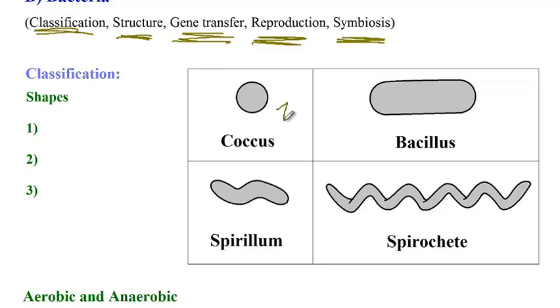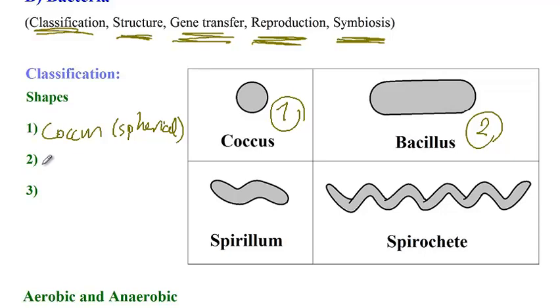The first one is a spherical shape, which is called coccus. So coccus or spherical shape. The second one is rod or bacillus. So here we have rod shaped or bacillus.